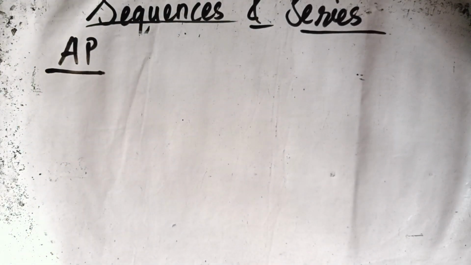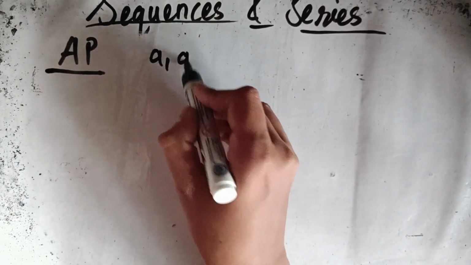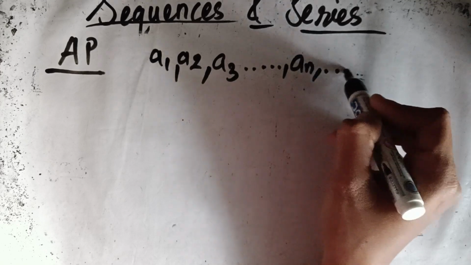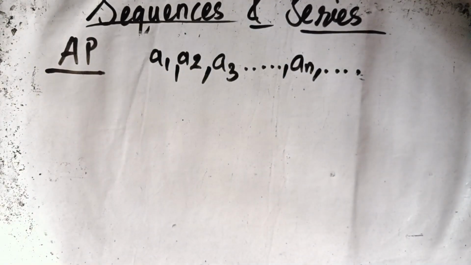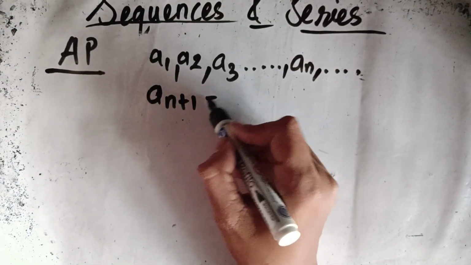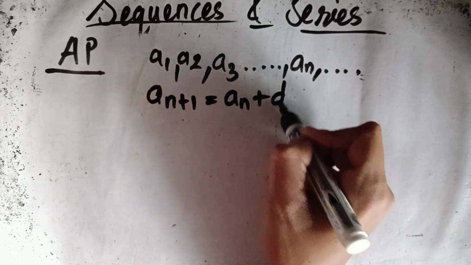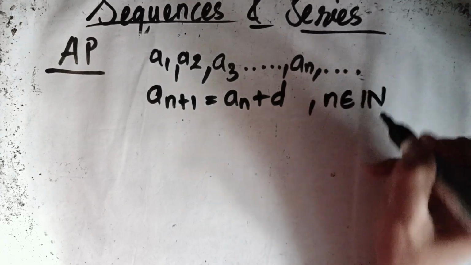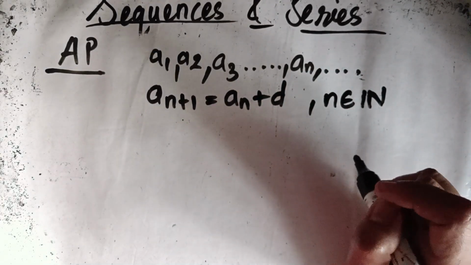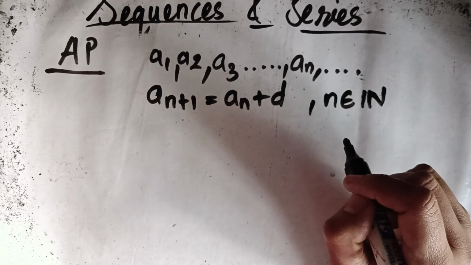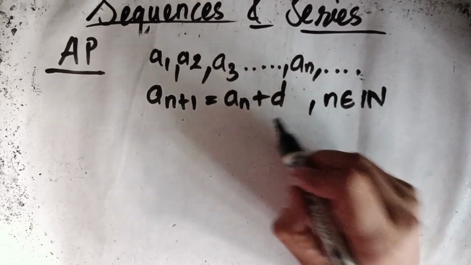So a sequence a1, a2, a3, dot dot, an, dot dot is called an arithmetic sequence or arithmetic progression if a(n+1) is equal to an plus d, where n belongs to the set of natural numbers. a1 is called the first term and an is called the nth term, and the constant term d is called the common difference.